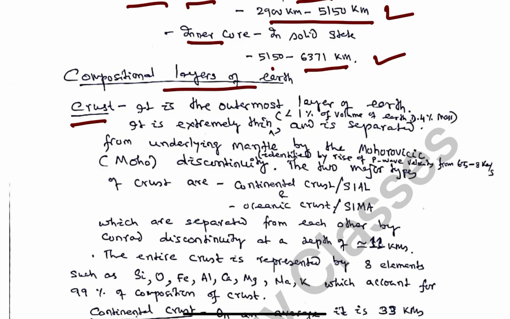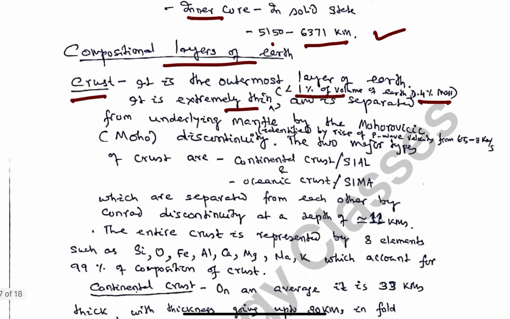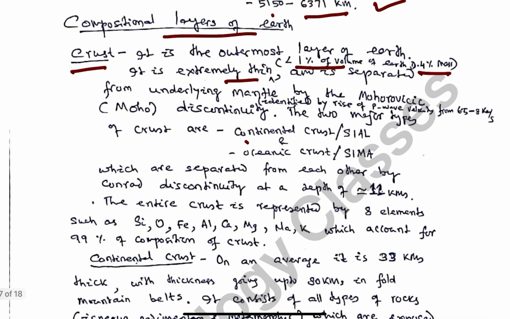Crust represents less than 1% of the volume of the Earth and 0.4% of mass. It is extremely thin, and it is made up of two crusts: continental crust, which is shale, granitic; and oceanic crust, sima or basaltic.